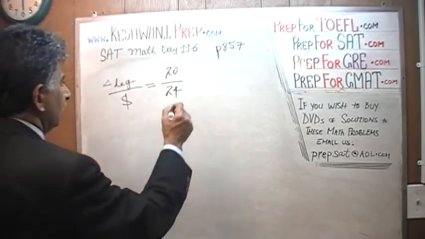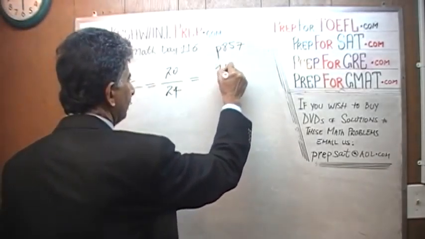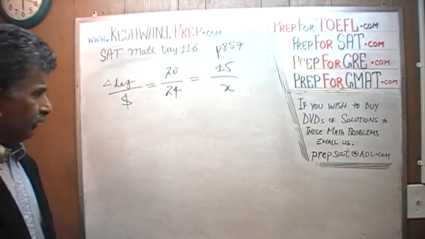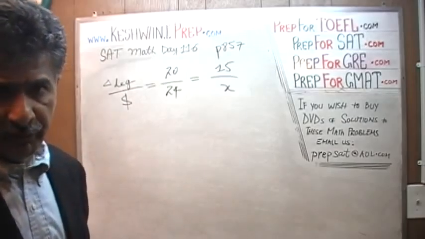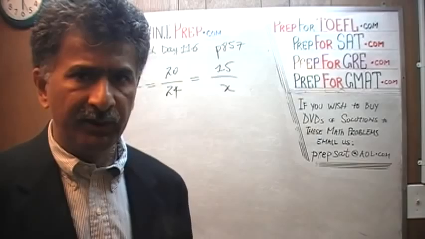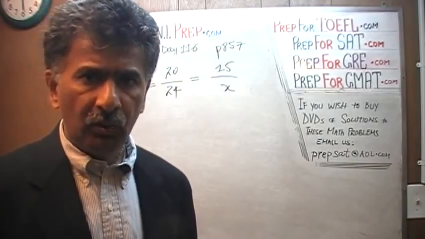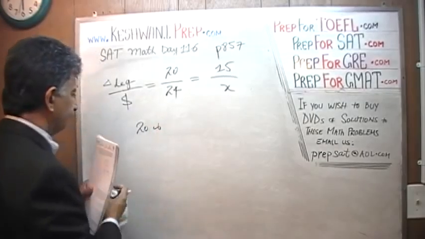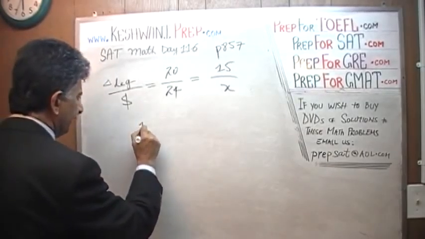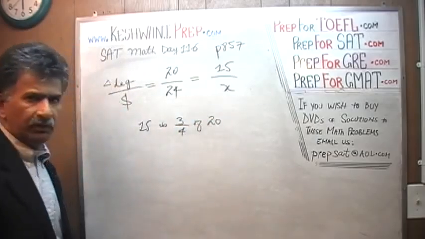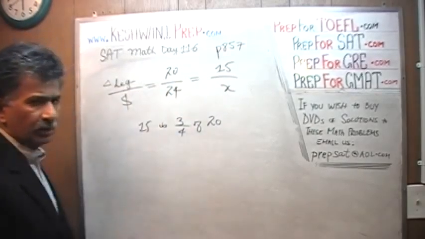15 degrees we're going to change, and the question is how much is that? This is very simple, very straightforward. You can do a very traditional, orthodox, classical, academic method, or you can simply see that 15 is 3/4 of 20.